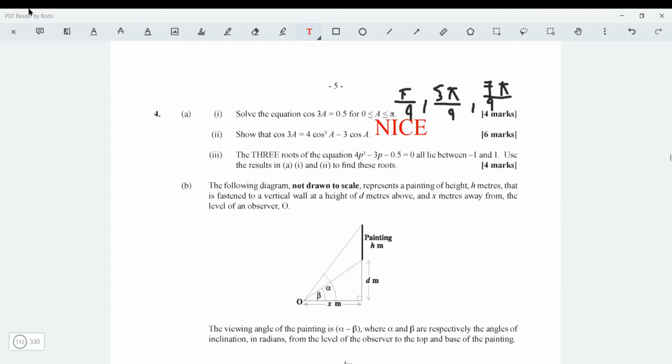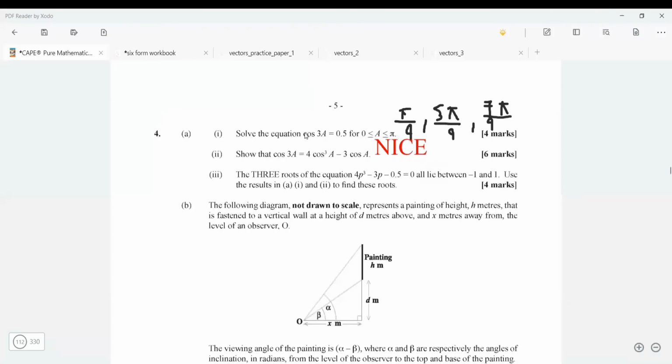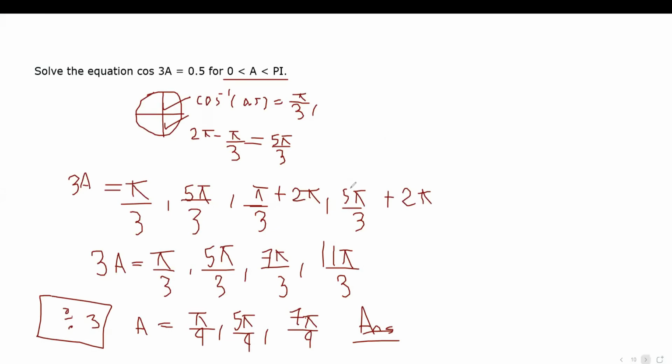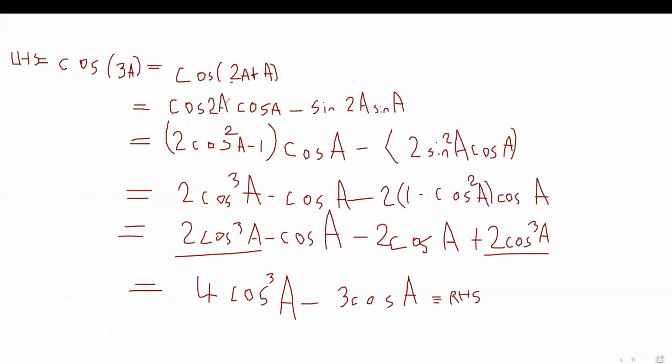Okay, I see what's happening now. All right, guys, we're going to copy this. They're telling us to use these two results, so let's use the results that they want us to use. Let's write down the first result.